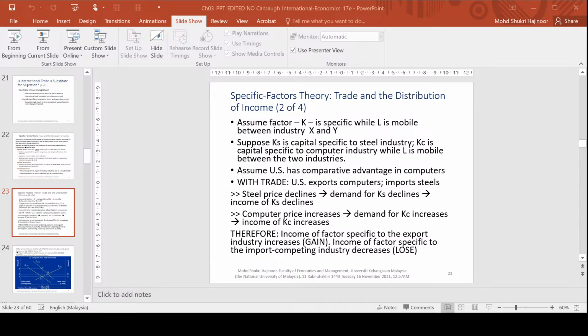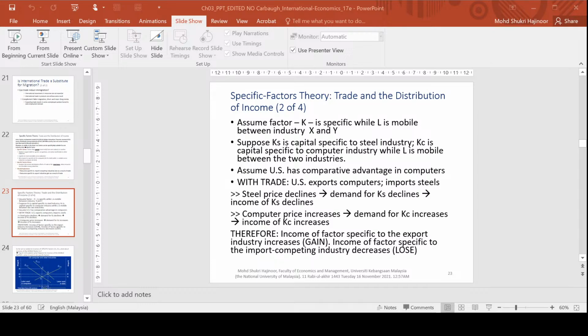However, we assume here no movement of capital, because capital for computers is specific to computers and capital for steel is specific to steel. This is our assumption.